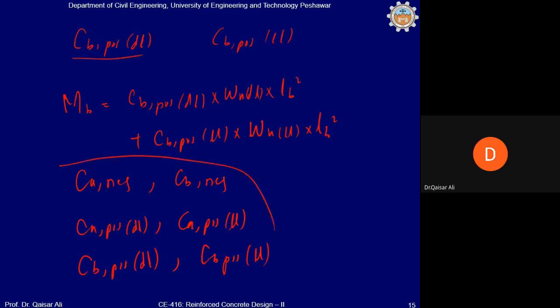And for these 6 coefficients, 6 separate tables are given, and from those tables you can pick the respective coefficient values for different supported condition and for different longer to shorter side span ratio. Okay, यहाँ तक clear है? Any question? Yes, sir.